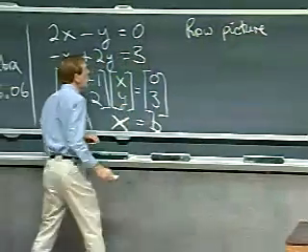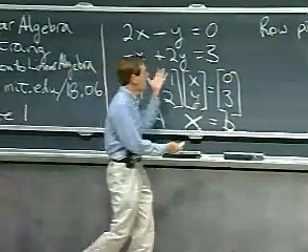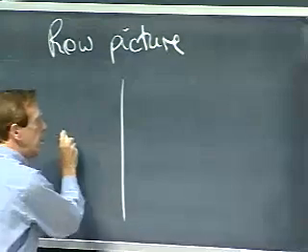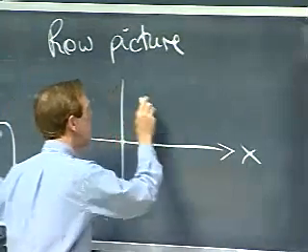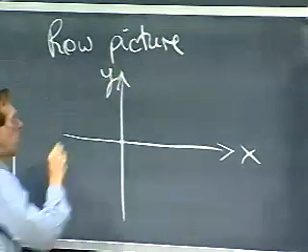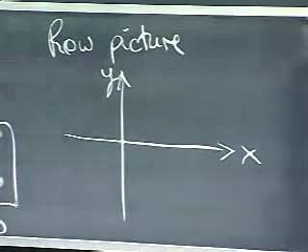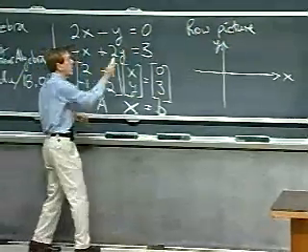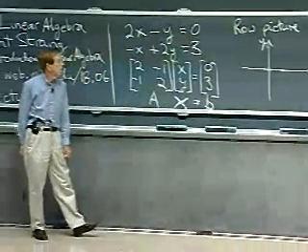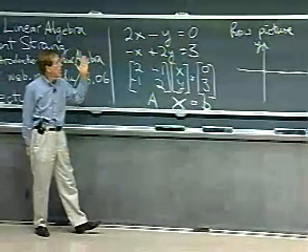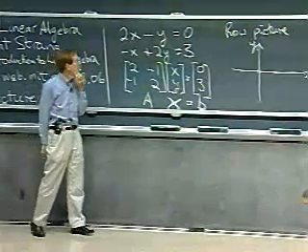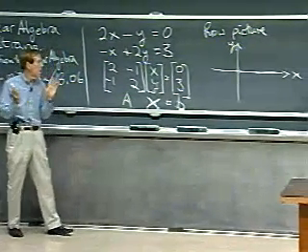Okay, so here comes the row picture. That means I take 1 row at a time, and I'm drawing here the xy plane, and I'm going to plot all the points that satisfy that first equation. So I'm looking at all the points that satisfy 2x minus y equals 0.